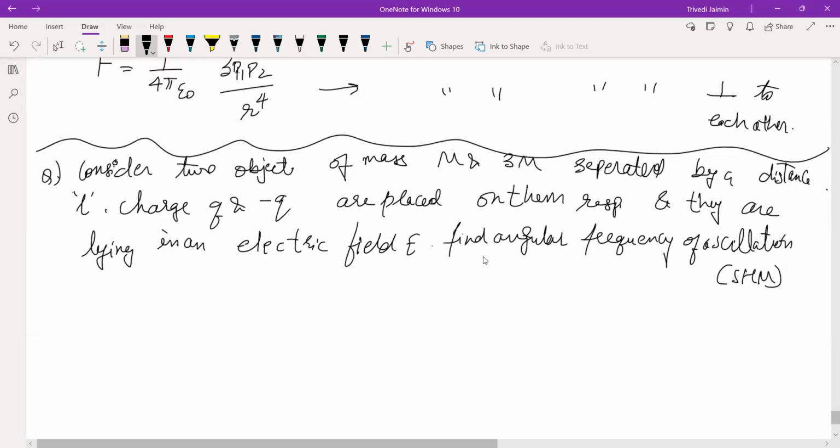Some center of mass and such conditions we need to consider here.